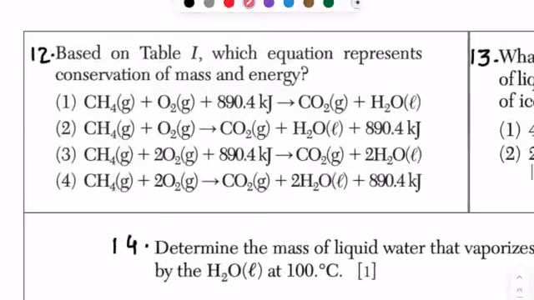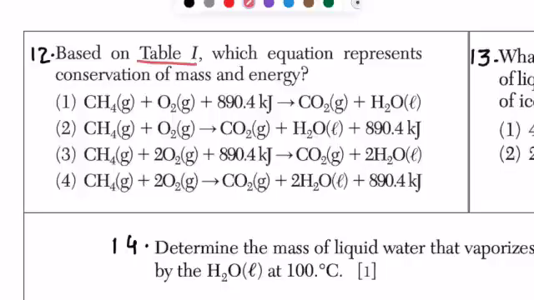Based on table I, which equation represents conservation of mass and energy? So to answer this question, you're going to have to go to table I and look at the equation for the combustion of methane.